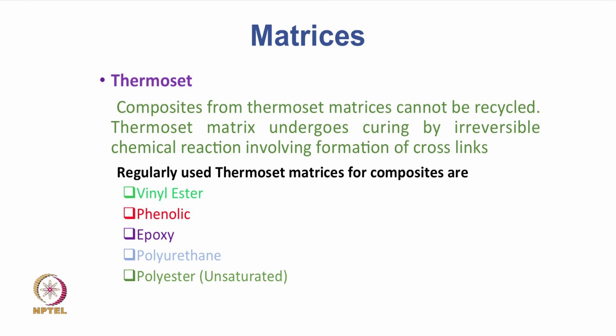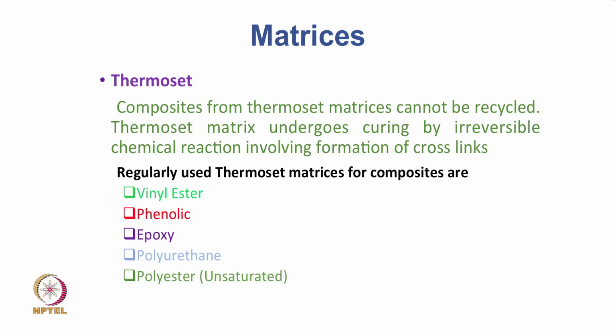One is thermoset, another is thermoplastic. The thermoset matrices undergo an irreversible chemical curing reaction and form crosslinks for their geometrical stabilization.